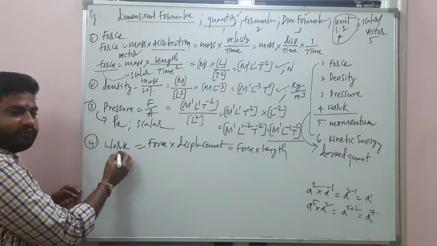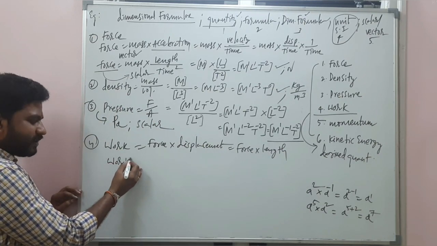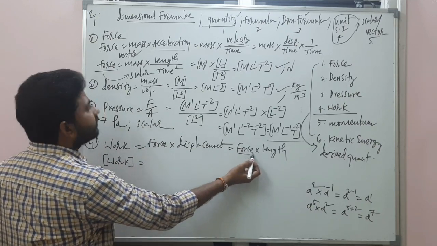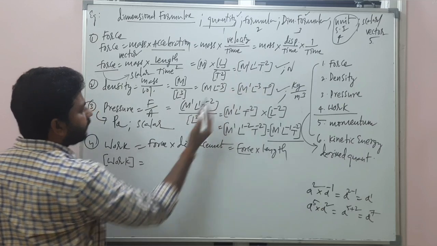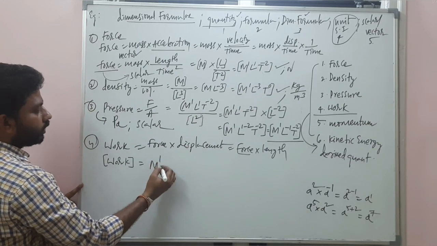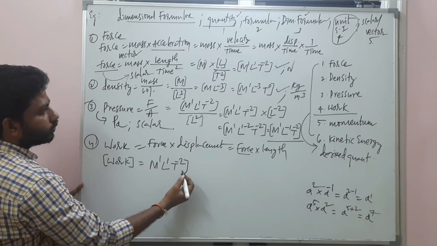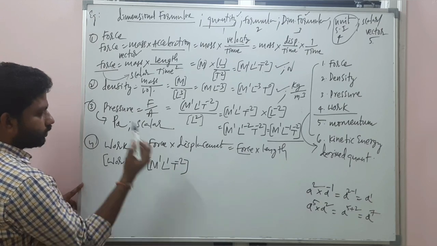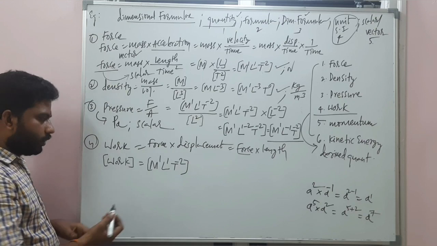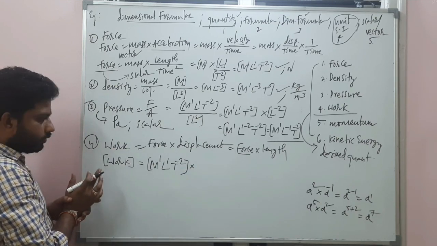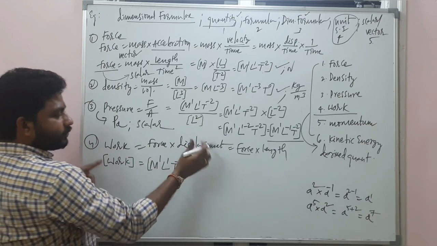So the dimensional formula of the work will be force. What is the force dimension? Force dimension is available here, M to the power 1, L to the power 1, T to the power minus 2, into displacement.